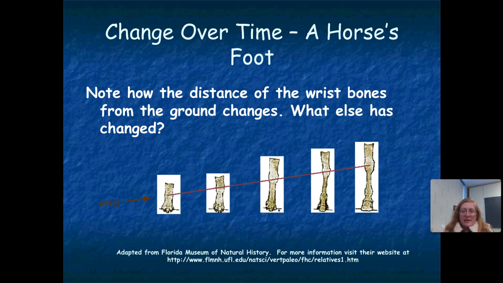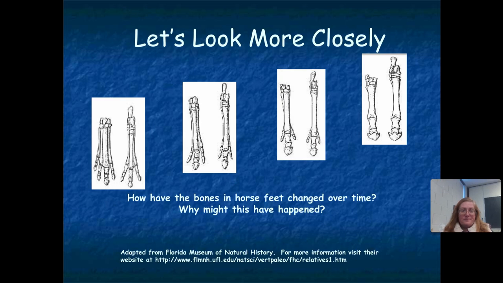And as time changed, we see that the nails changed a lot. By this time, there's a small hoof, but there's still 2 other toes there. And then this is pretty much the modern day horse. Here's just the bones, so we can focus on the bones a little bit more.